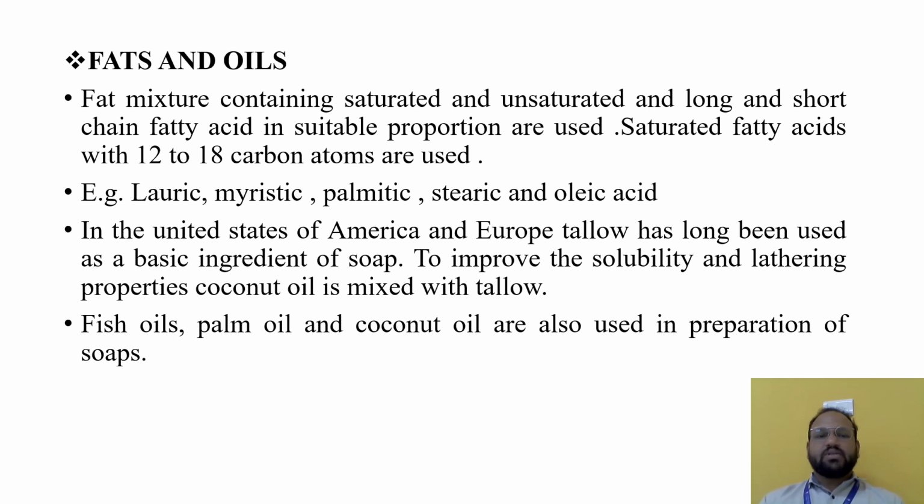Saturated fatty acids with 12 to 18 carbon atoms are used. Examples are lauric acid, myristic, palmitic, stearic. In the United States of America and Europe, tallow has long been used as a basic ingredient of soap. To improve the solubility and lathering properties, coconut oil is mixed with the tallow. Fish oils, palm oils, and coconut oils are also used in the preparation of soaps.